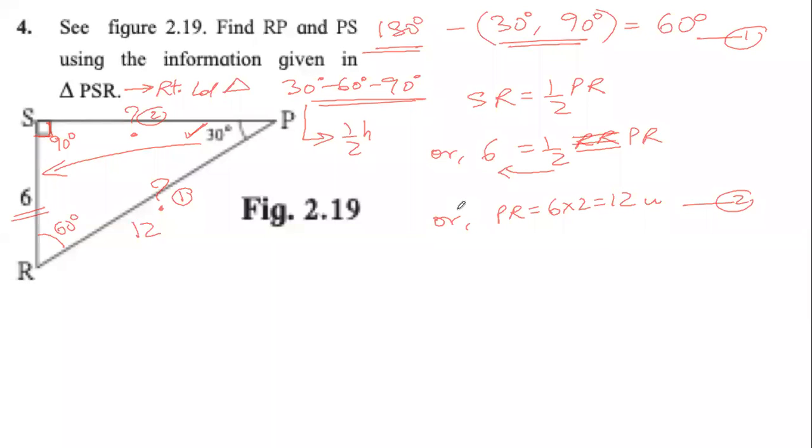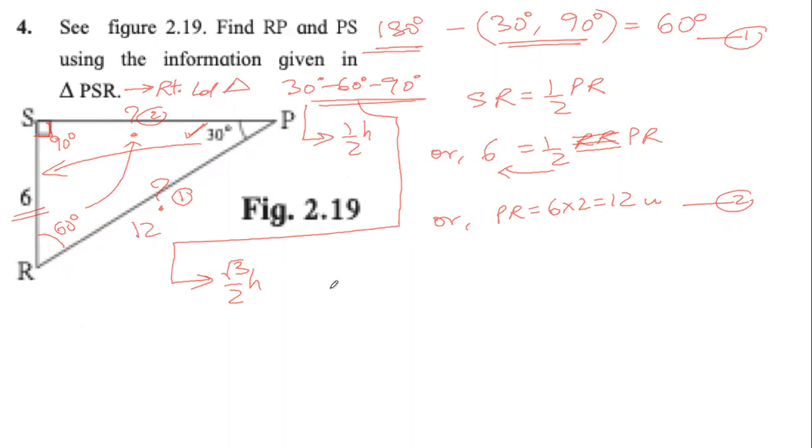This is the second value that we are calculating. From the same 30, 60, 90 degree triangle, we know that the side opposite to 60 degree angle is √3/2 times hypotenuse. What is that side? It is this side, PS.